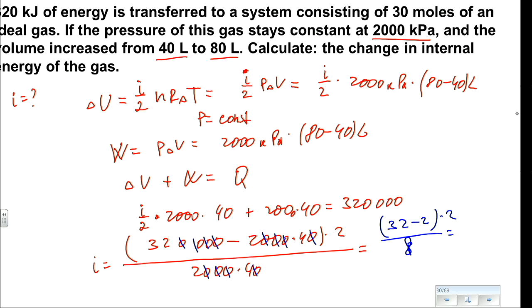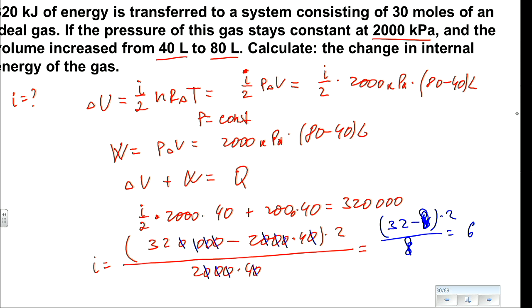No, it's going to be 8. Yeah, 32 minus 8 times 2 over 8, 32. So what number? 6. That can be 3, yeah, 6. All right. That's a relief.